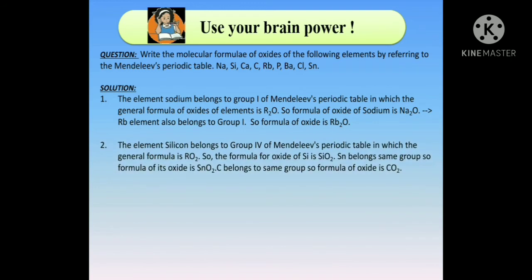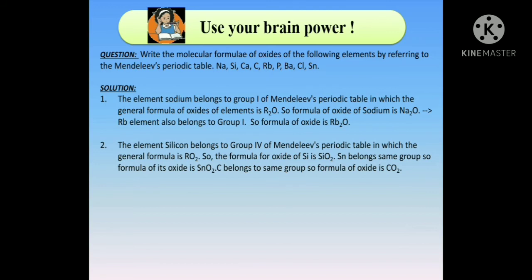Next, the element silicon belongs to group 4. Children, you can check in group 4 of Mendeleev's periodic table. You will find there Si. The element silicon belongs to group 4 of Mendeleev's periodic table, in which the general formula is RO2.